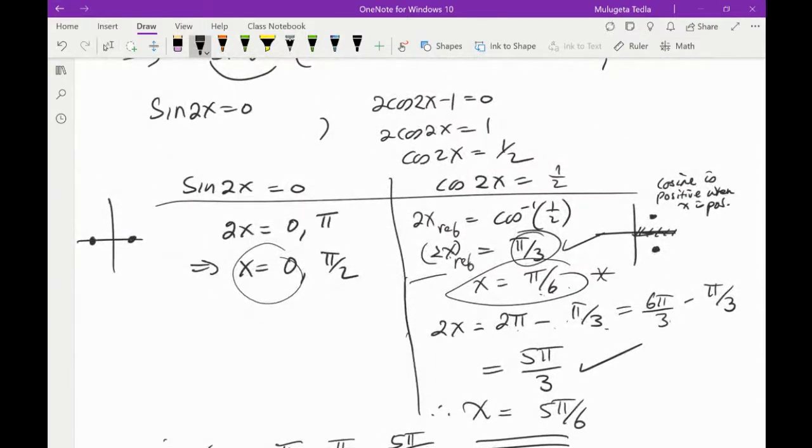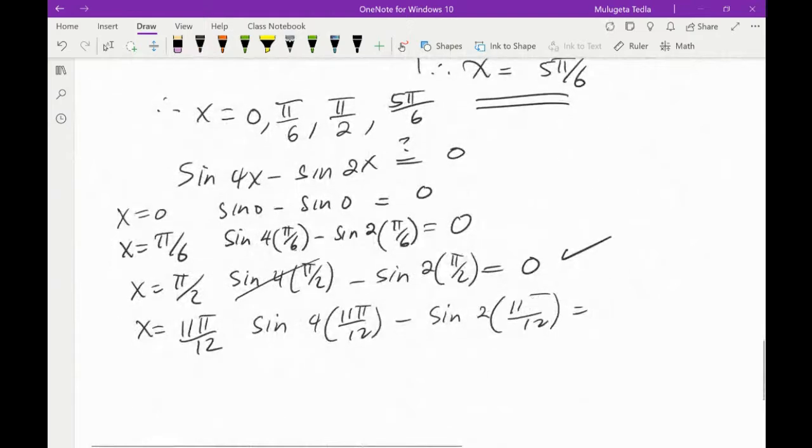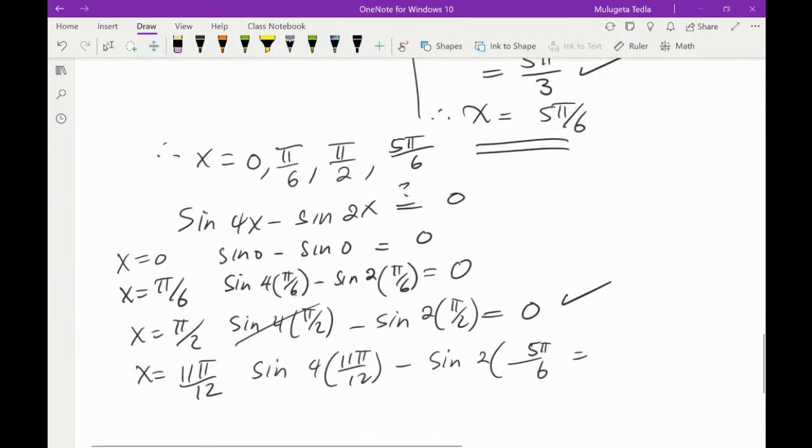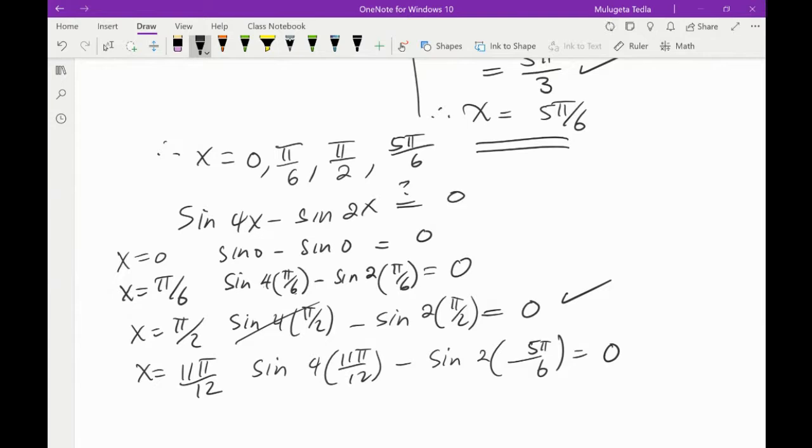I used pi by 6, which should not be. That was the answer, not the reference angle. So this is truly 5 pi by 6. Sine of 2 times 5 pi by 6 must be 0.